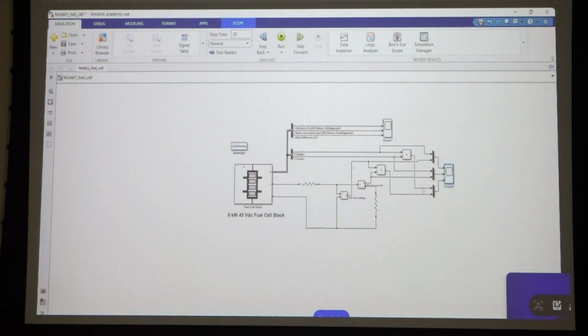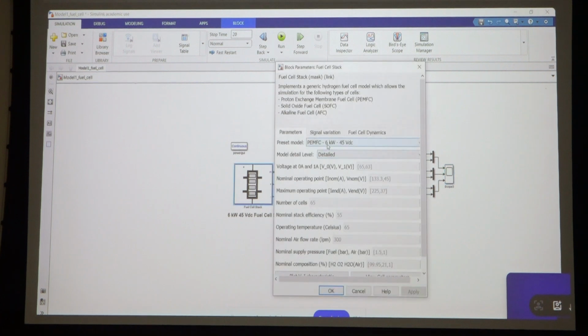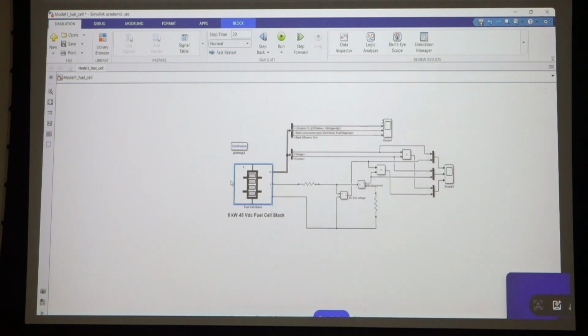Yeah. So here we see the same things. Actually, from here we are selecting this one, 6 kilowatt 45 volt DC. So based on this, the power supplied by this fuel cell should definitely equal 6 kilowatt, and the voltage across the positive and negative terminal of this fuel cell should be 45 volts.